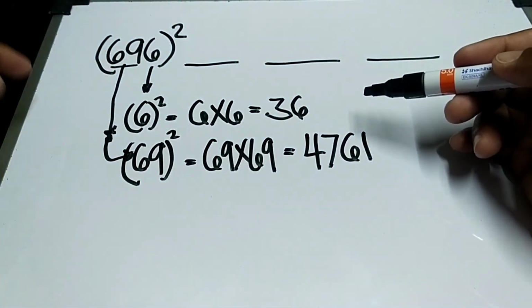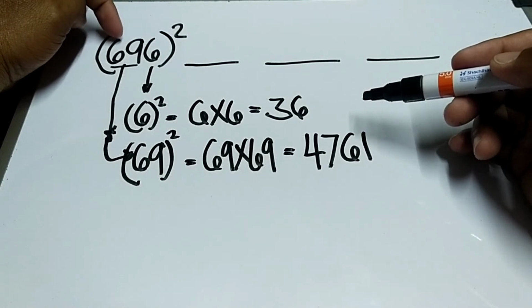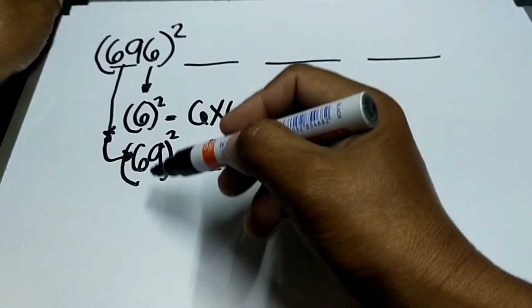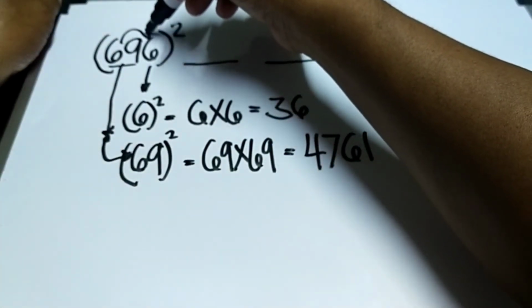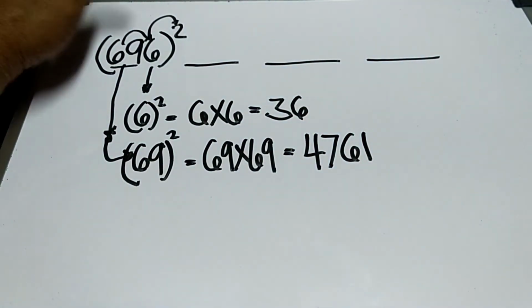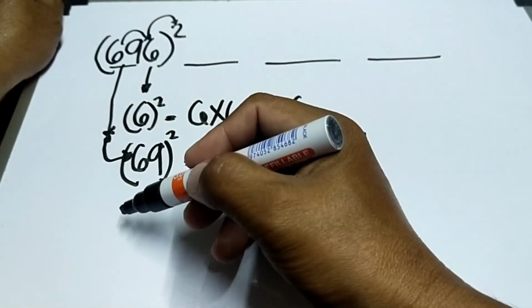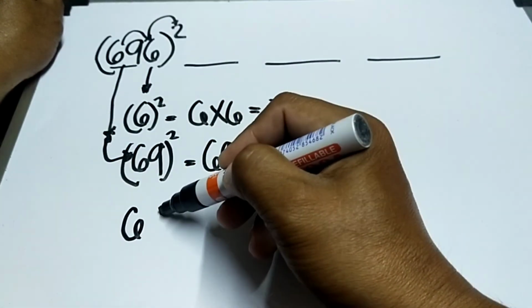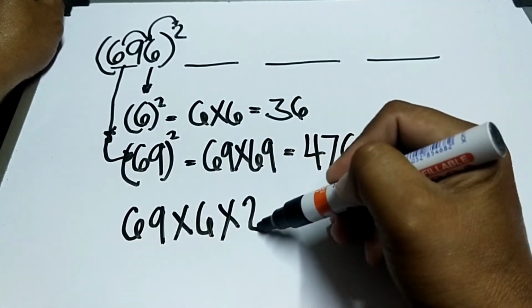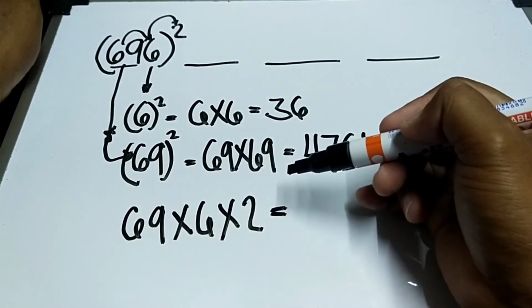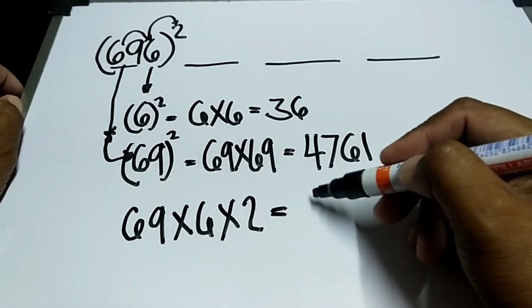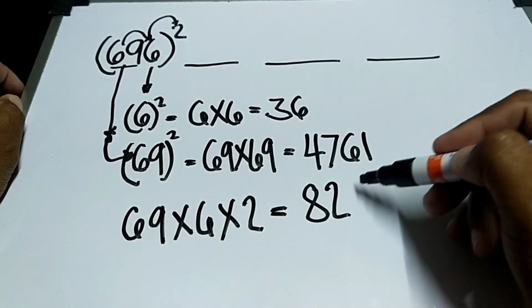And then the last step we do is multiply 69 to 6, then multiply to 2. Okay, so it looks like this: 69 times 6 times 2, which is equals to 828.